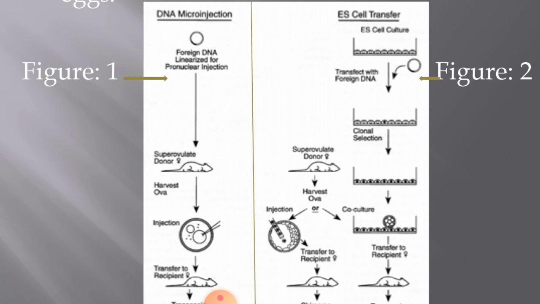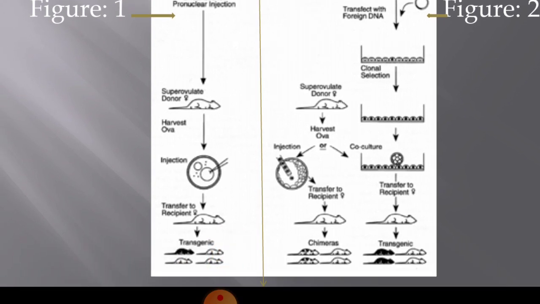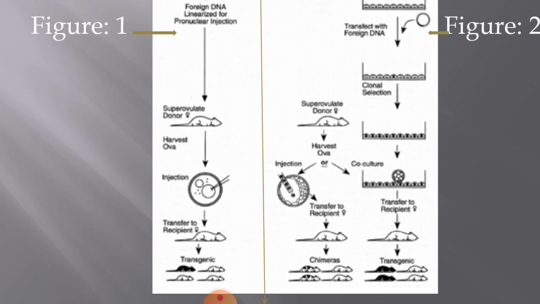You can take the transfected cells and put them into the female mouse, or you can co-culture both of them and then put them into the recipient foster mice. And the black ones that you see here are the transgenic founders. These are the ones which have taken the gene of your choice, and you can establish a transgenic mouse line.